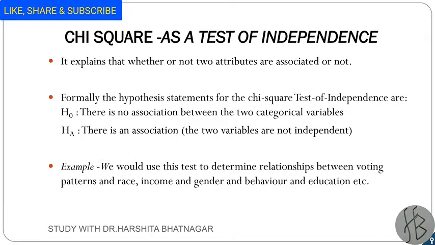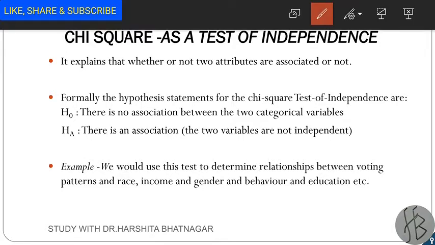For example, if we would like to determine the relationship between voting patterns and race, income and gender, or behavior and education, then we will use the test of independence. So the one important thing that you have to keep in mind is two attributes.